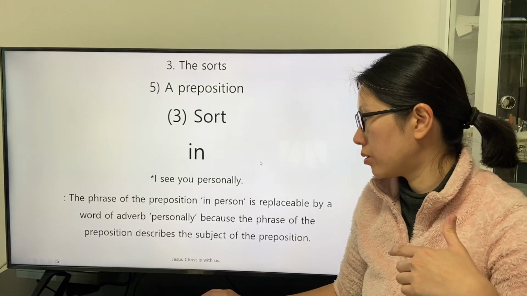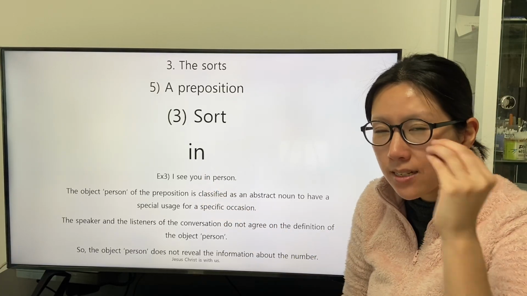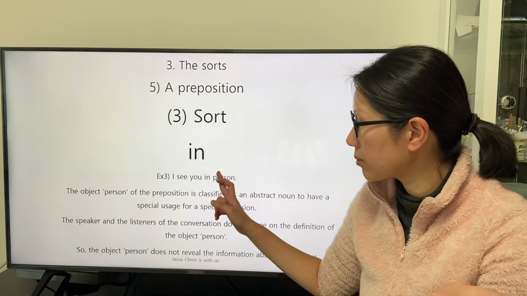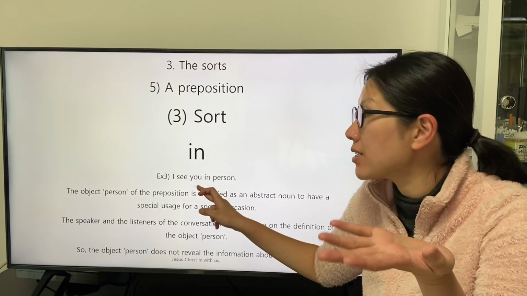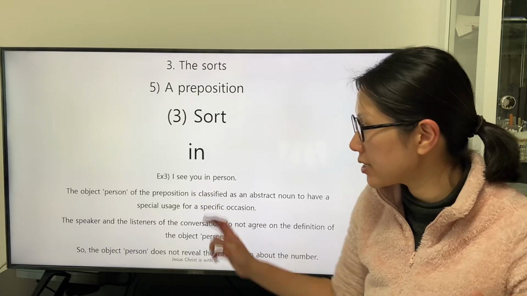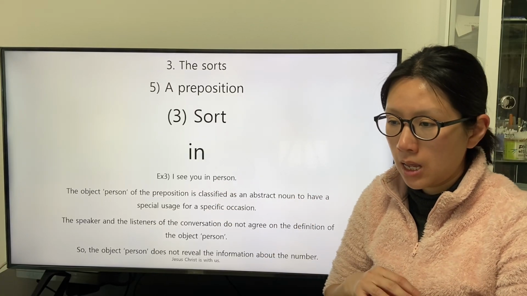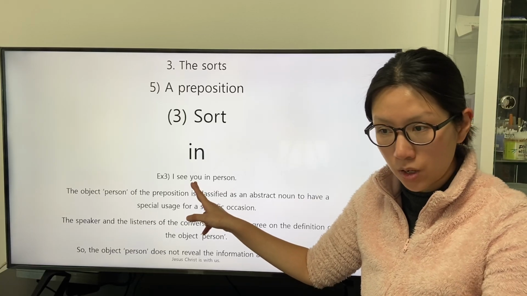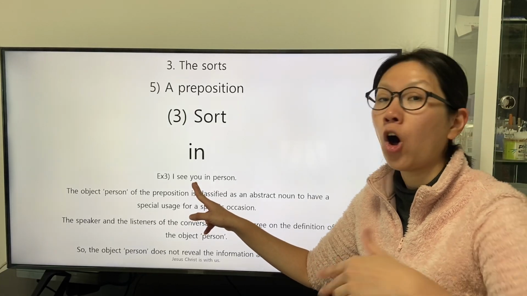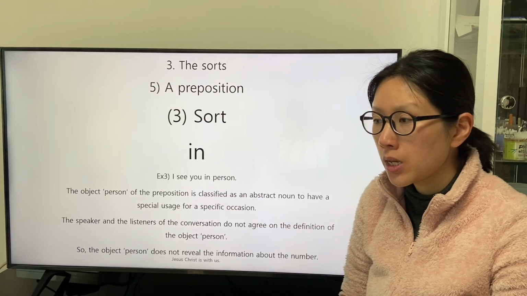The preposition in describes the existences of the listeners who are the subject of the preposition in, and the subject of the preposition are the object of the transitive verb see.